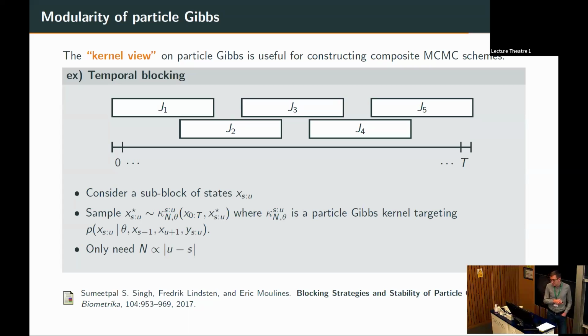And this is something which also deals with this degeneracy issue. And here you can then show that you get a stable algorithm, and we only need to select the number of particles in each block proportional to the block size, which makes sense because we're constraining the number of time steps that we're updating.